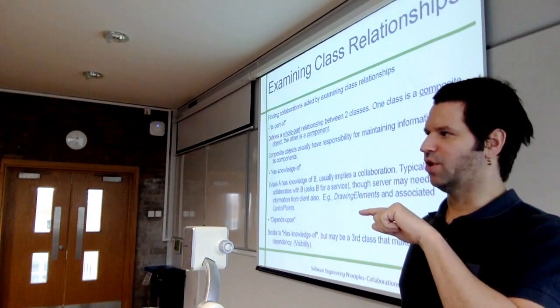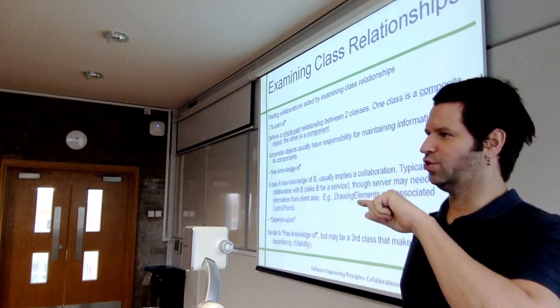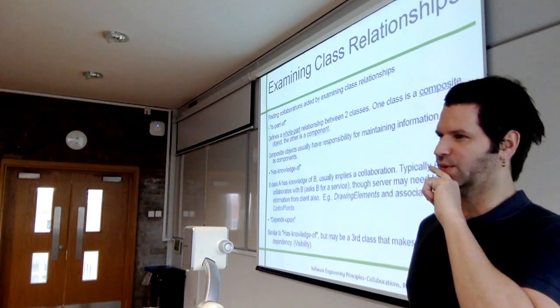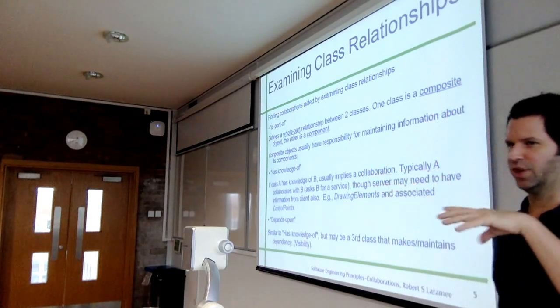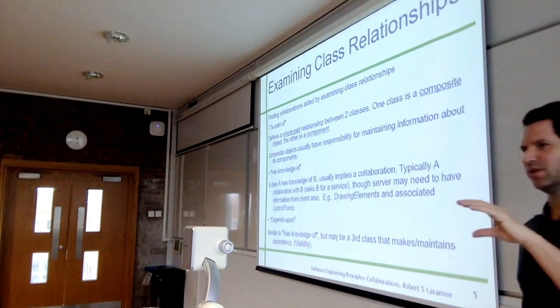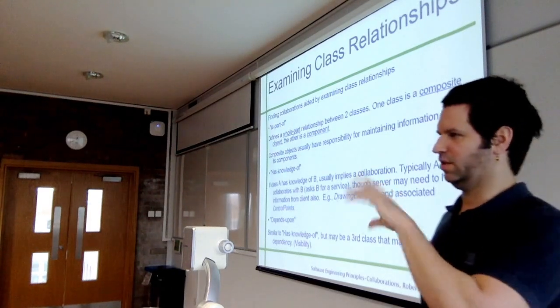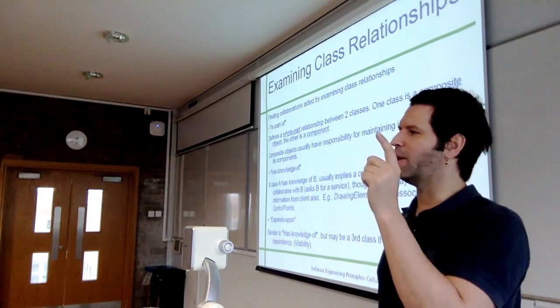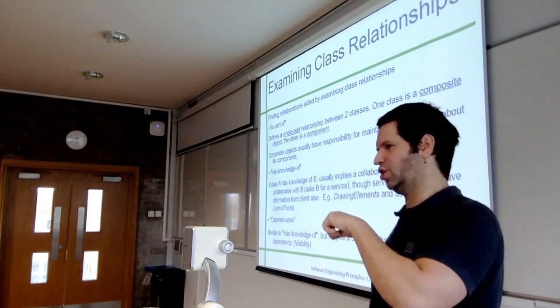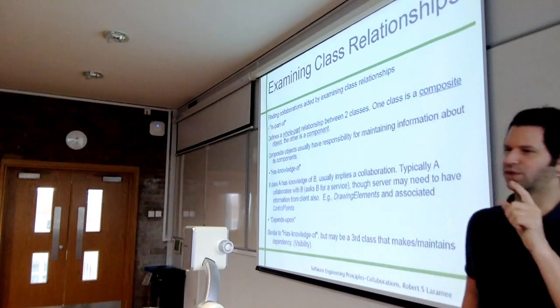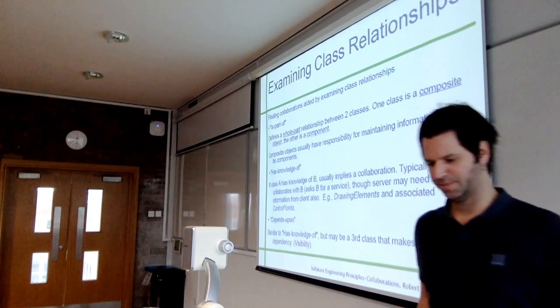The control points don't have to know, by the way, which drawing element they belong to. A control point object just knows about itself, where it's located, how to update its location, and so on. It doesn't need to know if it belongs to an edge or a circle or a polygon.